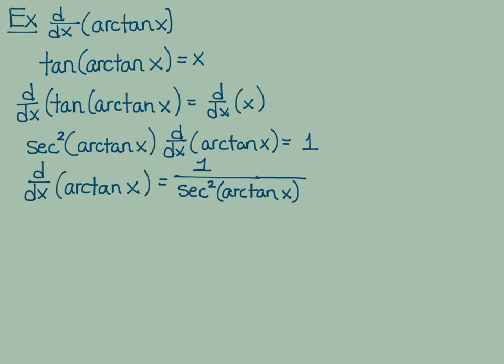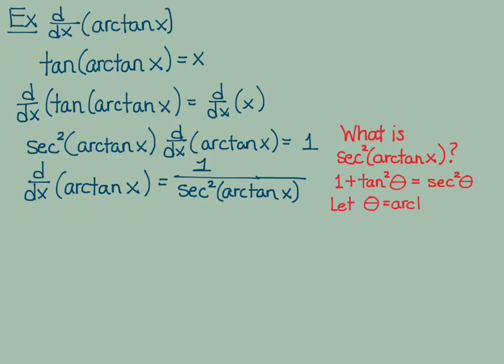Once again, computing 1 over secant squared of arctan of x is annoying, so we would like a shortcut to simplify this. What is secant squared of arctan of x? For this, we'll use the identity 1 plus tangent squared theta equals secant squared theta. And we'll let theta equal arctan of x.